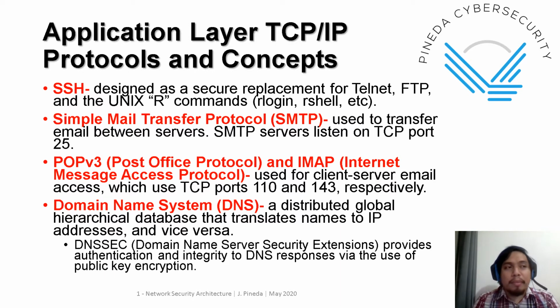The user will type words using letters and numbers, a combination of both. And it's the job of the DNS to translate this to the IP address. So DNSSEC provides authentication and integrity to DNS responses by the use of public key encryption.